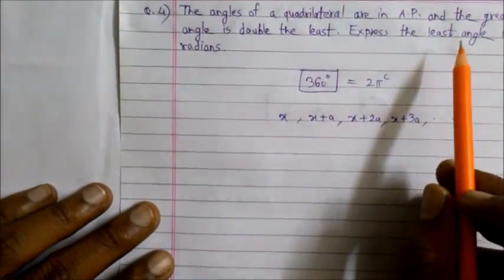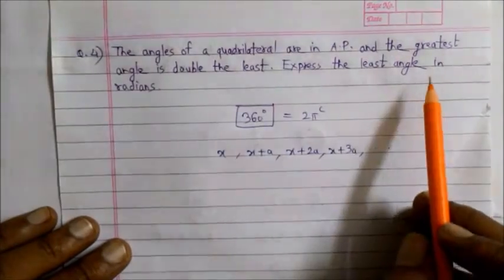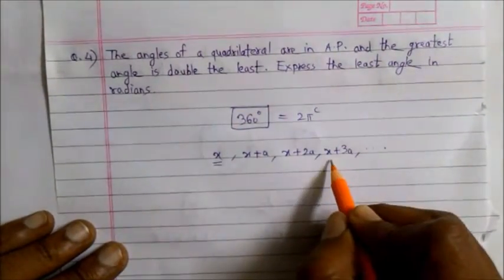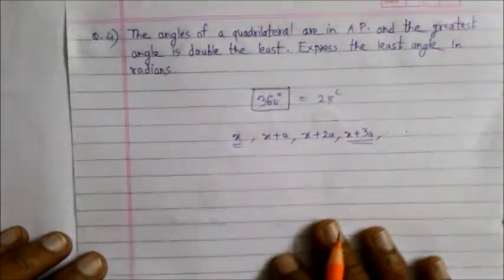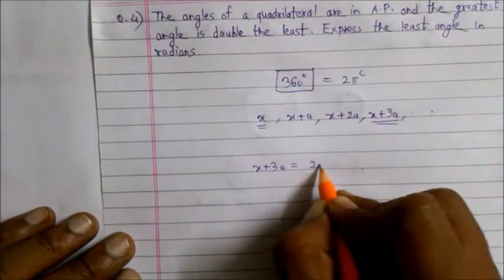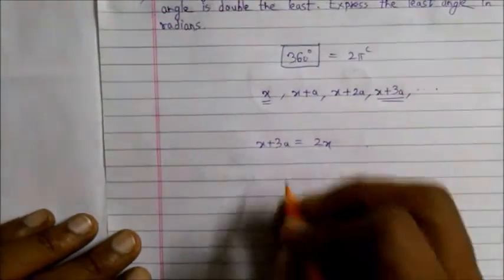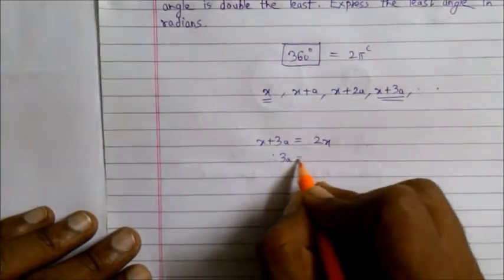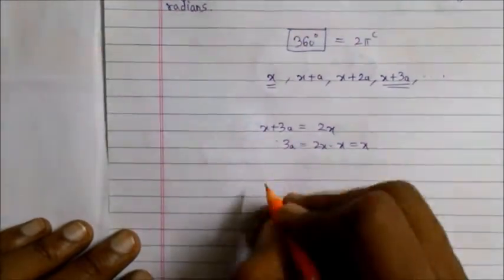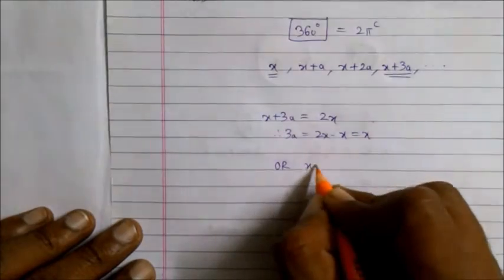The condition given in the problem is that the greatest angle is double the least. The least angle is x and the greatest angle is x plus 3a. So x plus 3a is twice x. Therefore, I can write 3a as 2x minus x, equal to x.